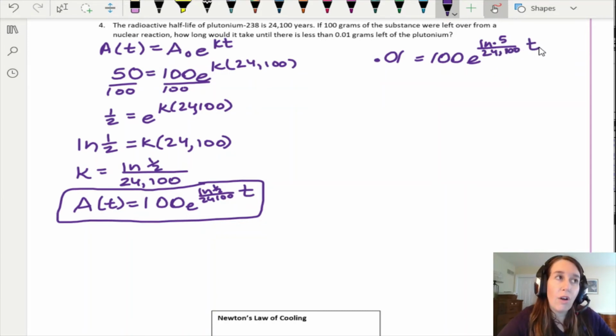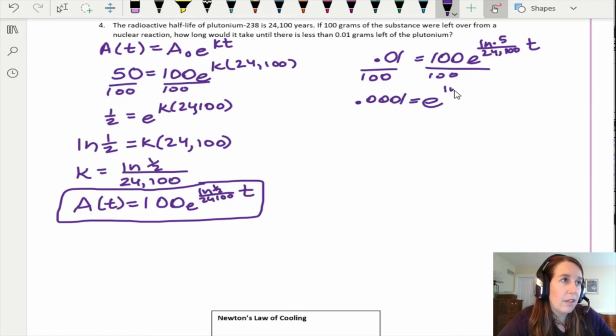Okay, and we need to solve for t, which means that we're going to need to isolate the e first. So divide both sides by 100. 0.01 divided by 100 is 0.0001. And that's equal to e to the ln 0.5 over 24,100 t.